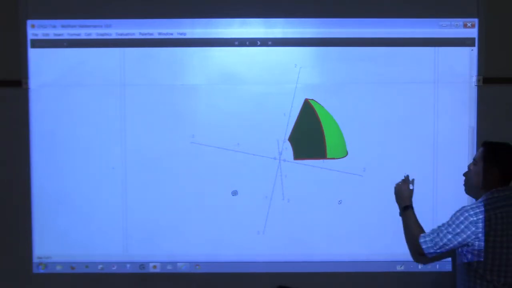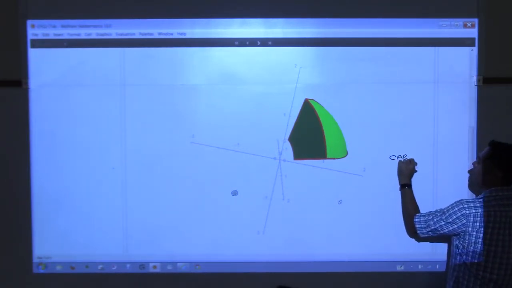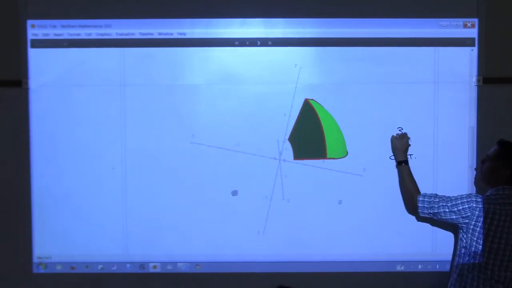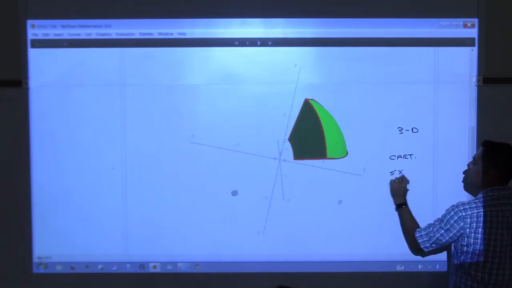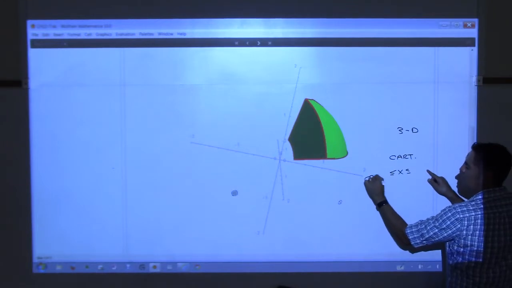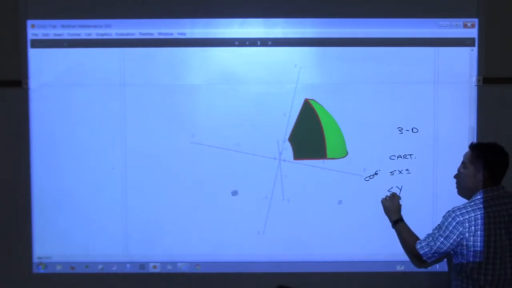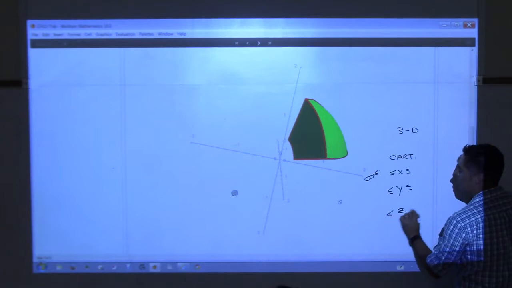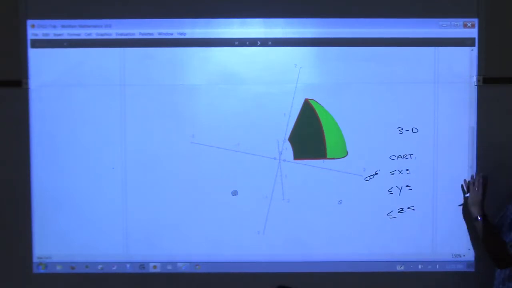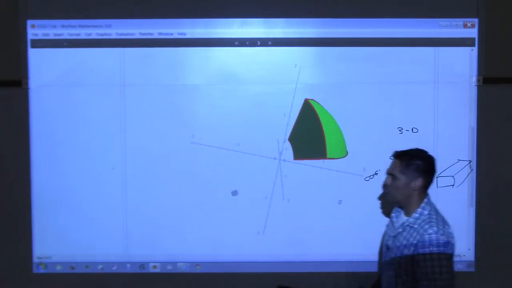If in Cartesian 3D your x's are between constants, your y's are between constants and your z's are between constants, what's that going to draw? Just some sort of boxy looking thing, right? What would that look like in 3D cylindrical?